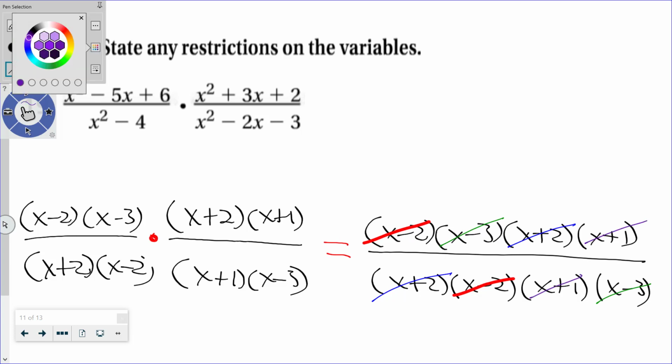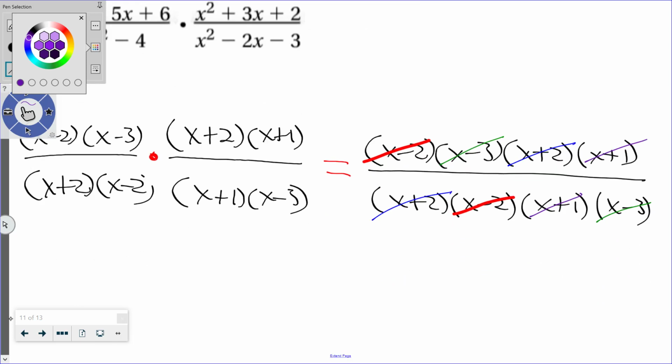X plus 1 cancels out with x plus 1. So what's the answer? 0. No, I knew somebody was going to say that. 1. It's 1. Anything divided by itself is 1. So not 0, please. It's just 1.